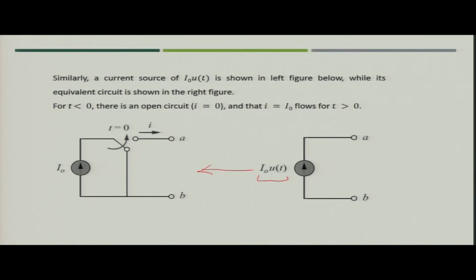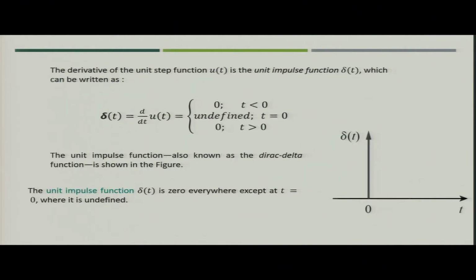Initially the circuit is connected like this, so your current between A and B is 0, and at time t equal to 0 you open the switch and connect from here to here, and the circuit will become like this. That also says that in the circuit the unit step response can be represented for voltage as well as current source as shown in the figure.